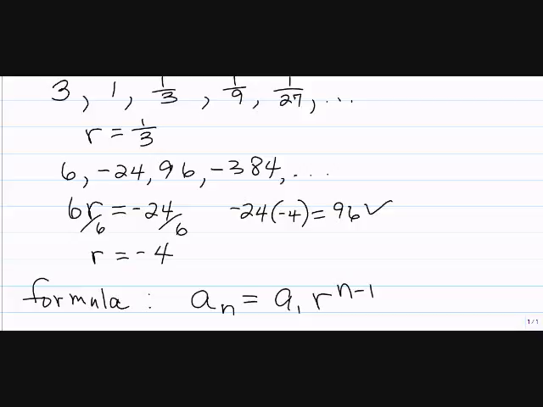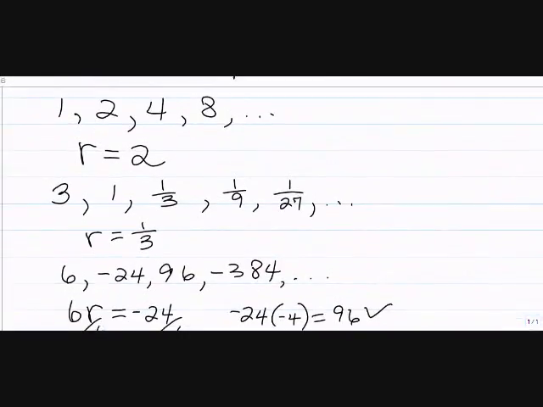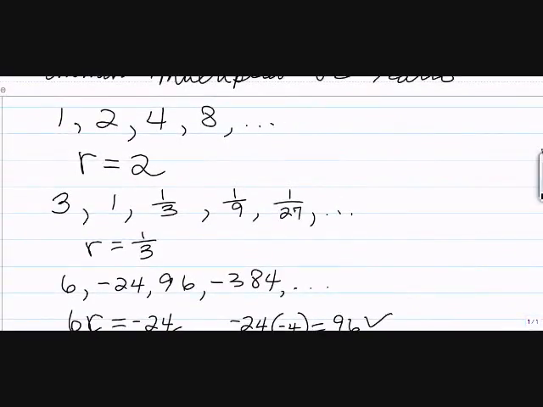So for the very first sequence I gave you, my formula is A sub 1, that's 1, times R to the n minus 1. So that's 1 times 2 to the n minus 1. I'm going to clean that up. I don't have to make 1 times anything, and just call this 2 to the n minus 1.